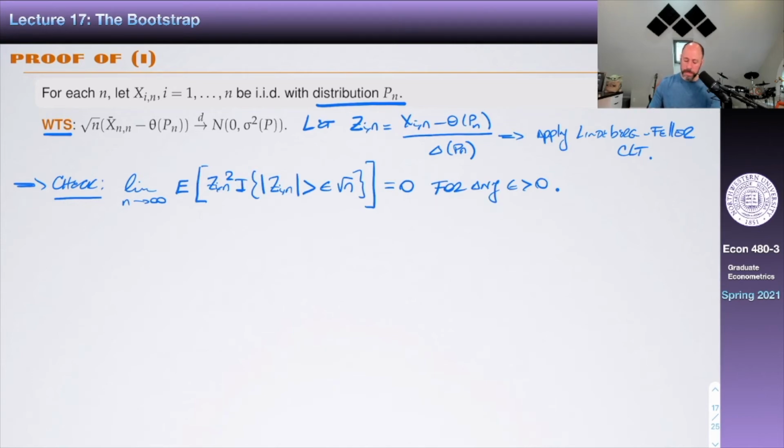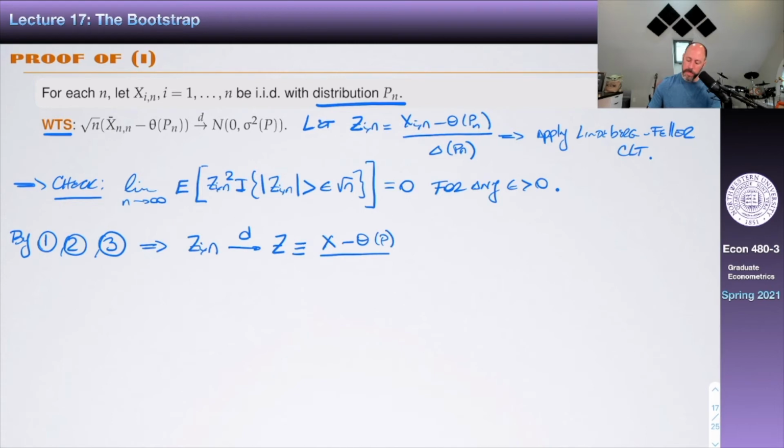So I'm going to say, by conditions 1, 2, and 3, we have that Z_in converges in distribution to what I'm going to call Z, which is (X minus theta of P) divided by sigma of P, with X having distribution P.